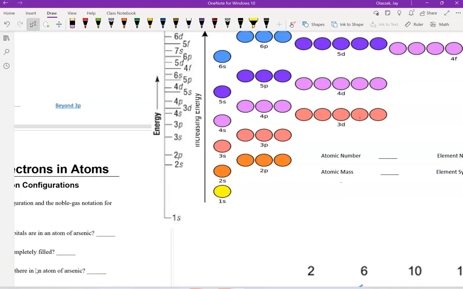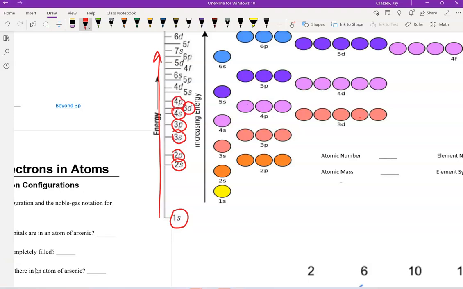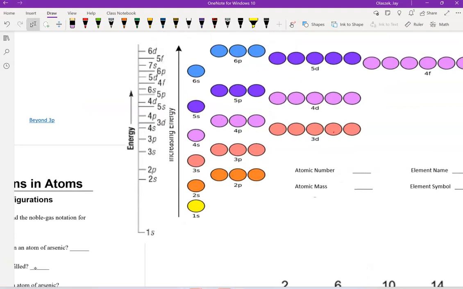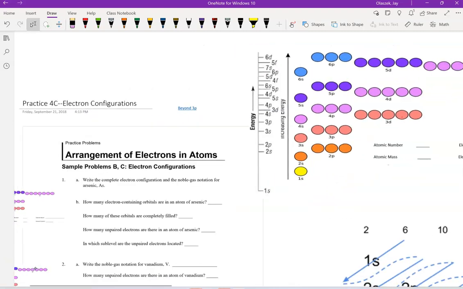If you are trying to read this vertical axis, it shows the actual order in which these orbitals fill, and notice that once we get beyond 3p, the order starts to get a little weird, so make sure that you are following this, or you can simply fill these orbitals using this grid, and you just want to make sure you're filling the orbital that is next closest in energy. So here we go.